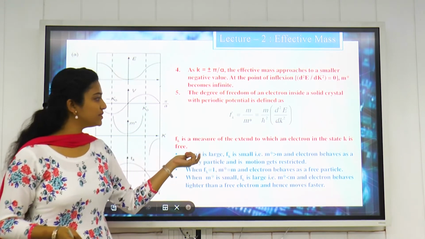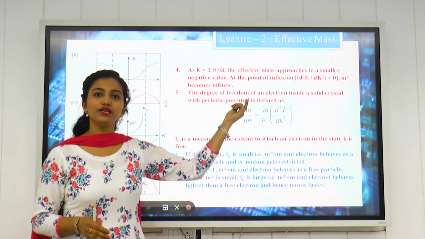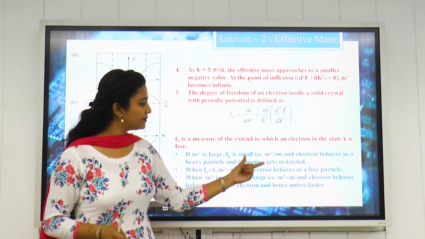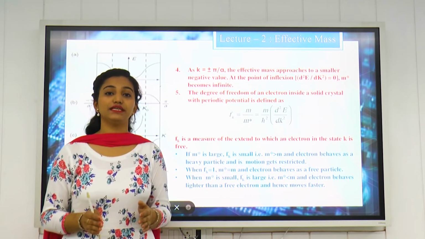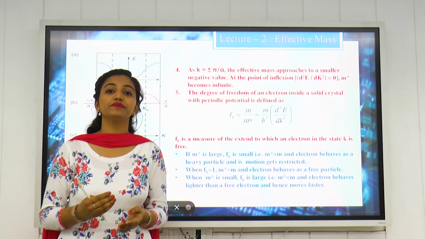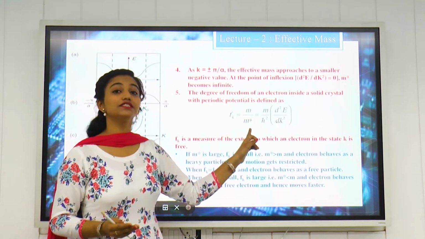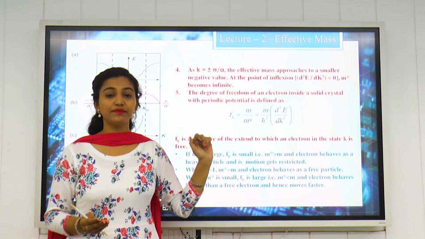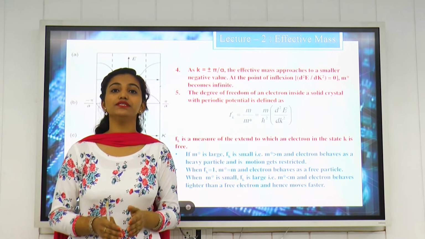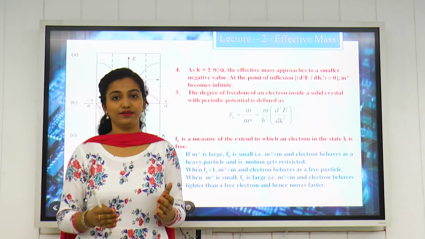And when m star is less than the rest mass of the electron, it will give us a larger value. That means the electron is free, its mass is less, its degree of freedom is greater than 1. When m star is greater than m, that means f of k will be less than 1. So the electron is bound and its degree of freedom is less than 1.